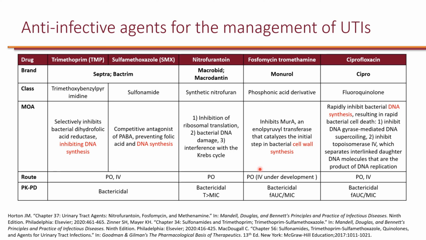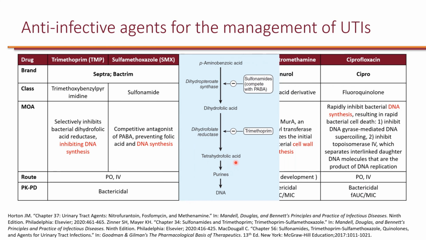Nitrofurantoin is also only available as an oral option, and there are three proposed mechanisms of action for it, which include inhibition of ribosomal translation, bacterial DNA damage, or interference with the Krebs cycle or citric acid cycle. Finally, we have the combination of trimethoprim and sulfamethoxazole, which together are available as both oral and IV, which are used commonly for the treatment of UTIs.